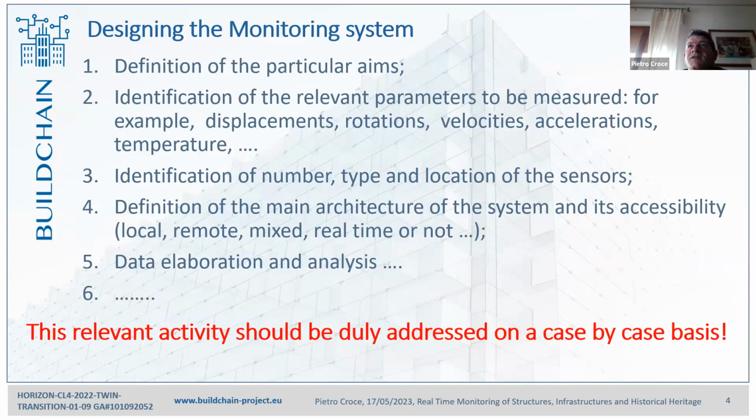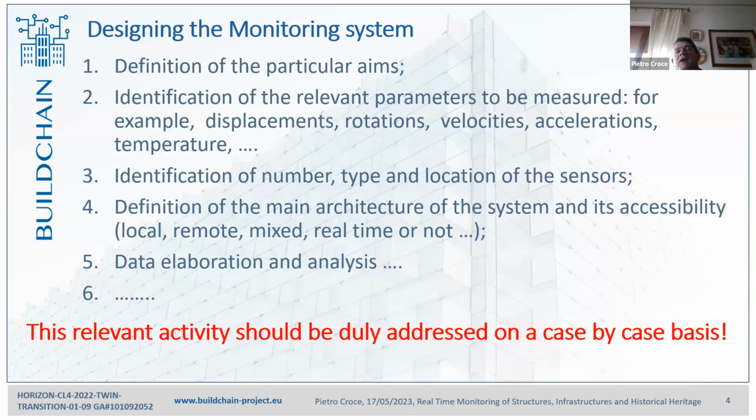In designing the monitoring system, we should consider several aspects. We should define the particular aims of the monitoring. We should identify the relevant parameters to be measured: displacement, rotation, velocity, acceleration, temperature, and so on, in such a way as to identify the number, the type, the location of the sensors, the architecture of the system, and its accessibility.